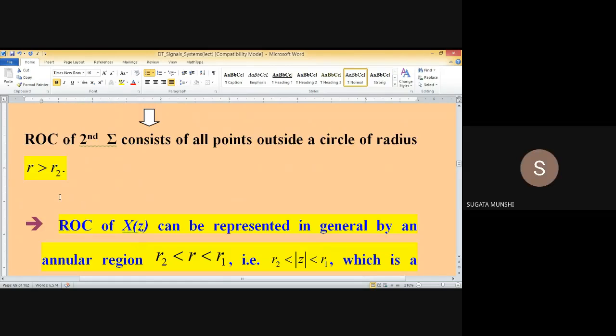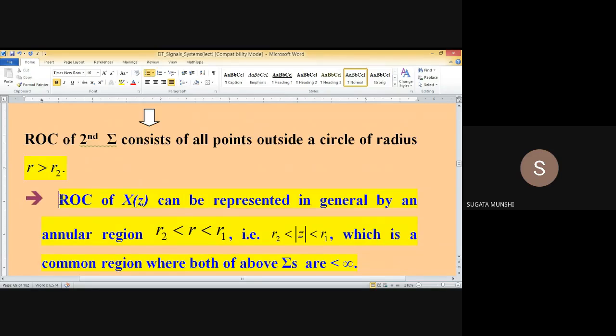So this is the general way of representation of an ROC. Essentially, R1 is greater than R2, isn't it? That is required.